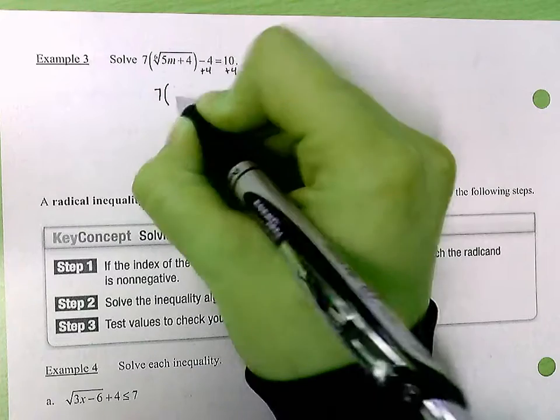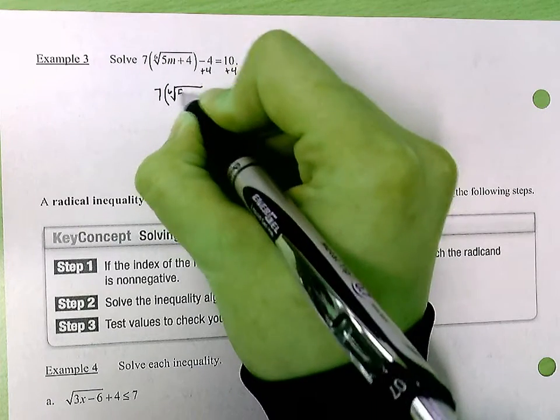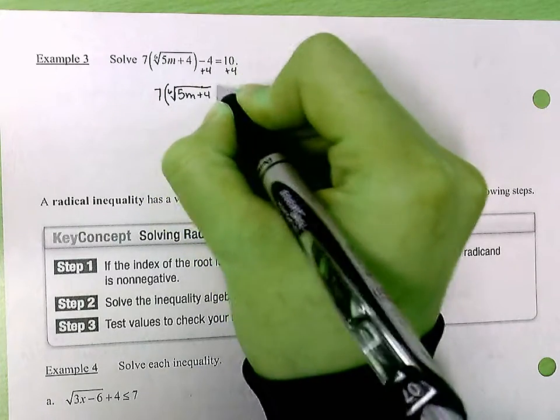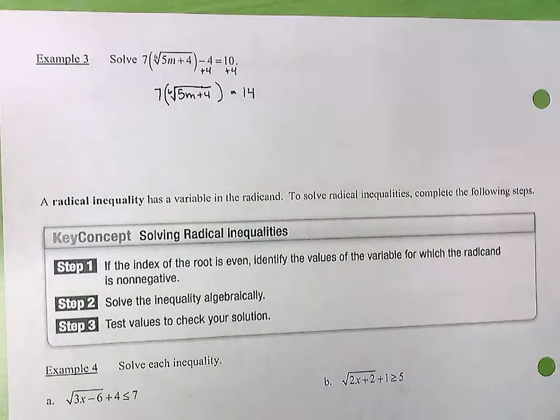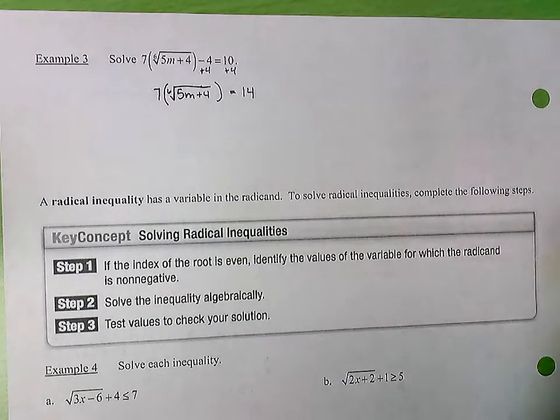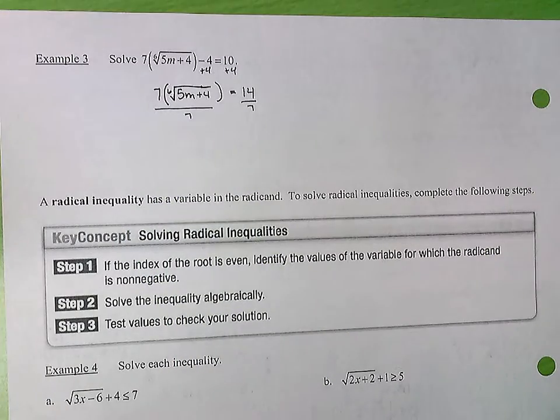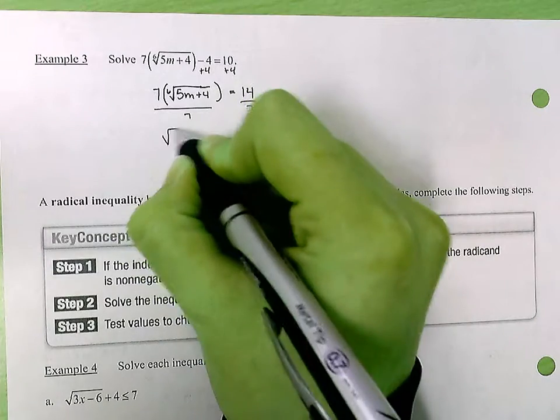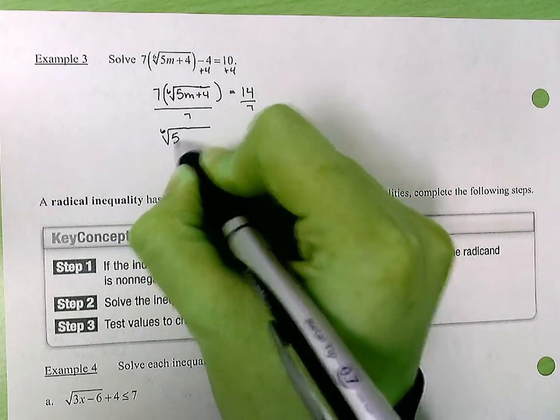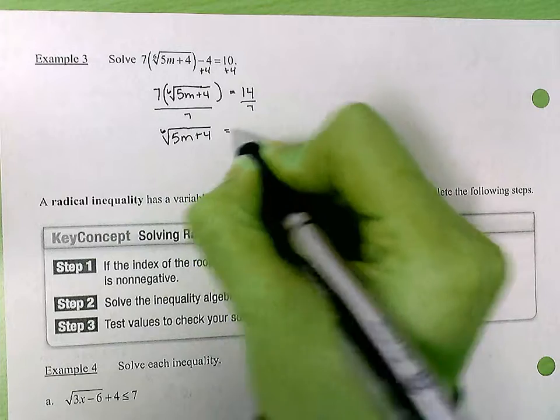So we have 7 times the 6th root of 5m plus 4 equals 14. We can divide both sides by 7. So we have the 6th root of 5m plus 4 equals 2.